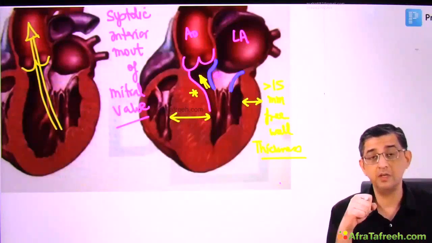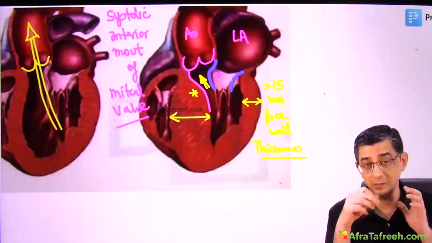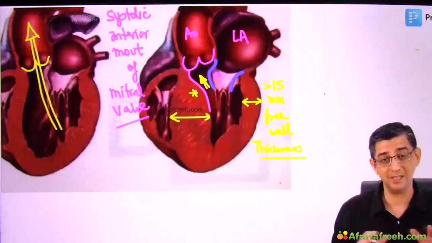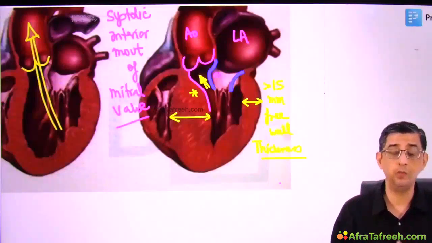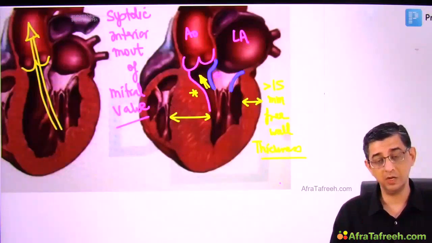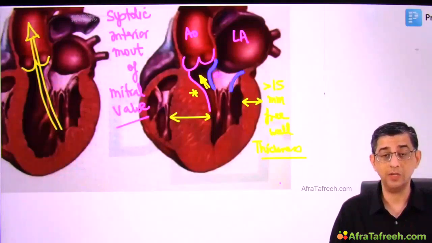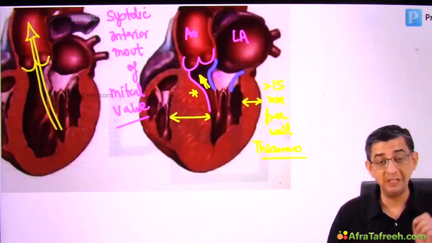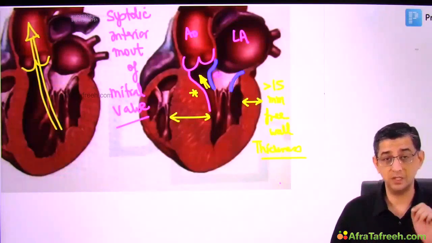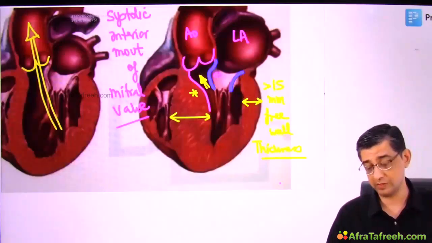To prevent this sudden cardiac death, what are we going to do is the main focus of this entire discussion. Ultimately the question will boil down to this: he'll give you a case of hypertrophic cardiomyopathy of the obstructive variety and ask what is the main life-saving intervention that you as a physician can do to save the life of this person.